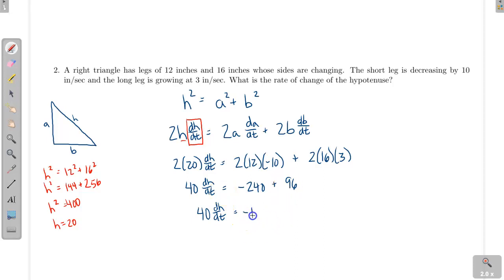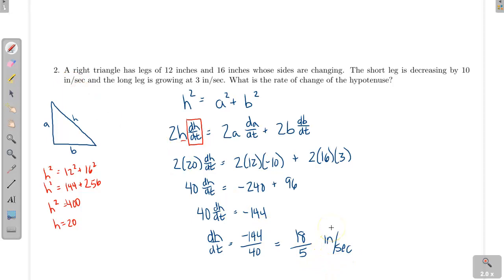It's negative 144. Divide by 40 to get dH/dt all by itself. And that simplifies to, oh my goodness, negative 18 over 5. All right, and this is just a distance, so it's going to be inches per second.